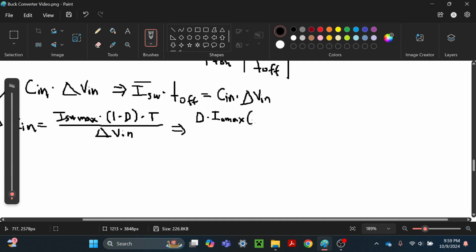So we get D times I out max times 1 minus D, and then rewriting the period as the frequency, using the period as the inverse of the frequency, times delta V in times F. I'll write that a little better. Times F. This is going to be equal to C in.